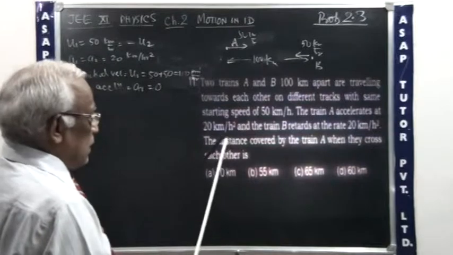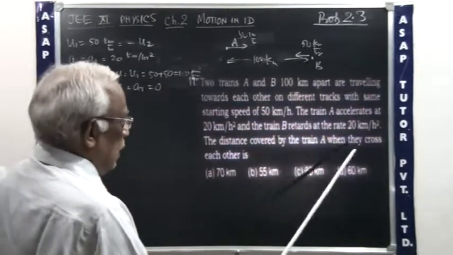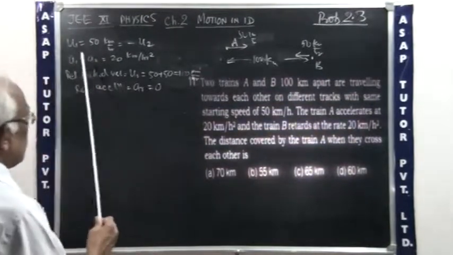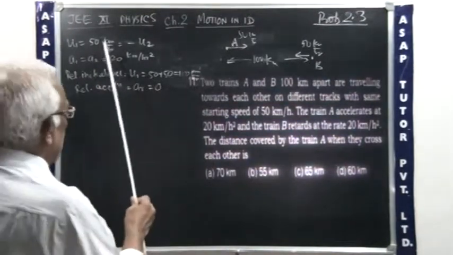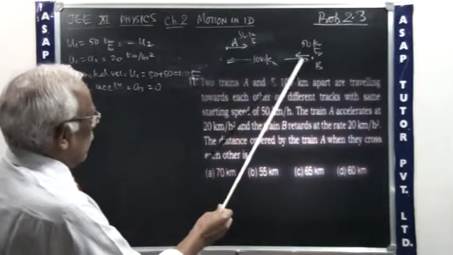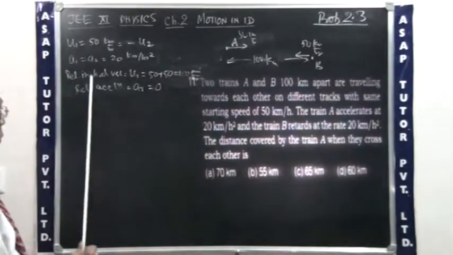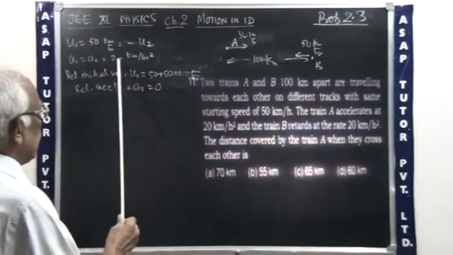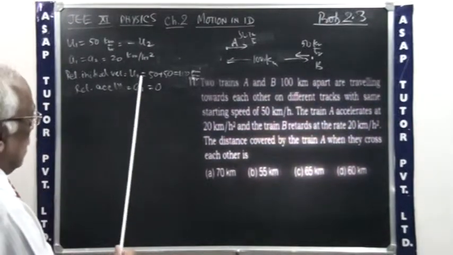So when that happens, the distance covered by the train A when they cross each other is what we need. Notice that u1 is equal to 50 kilometers per hour, and that is equal to minus u2 because of the opposite direction.